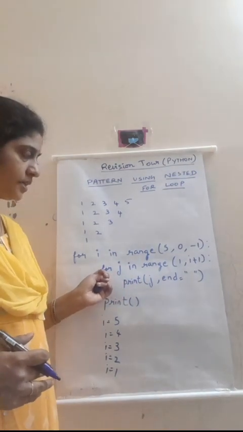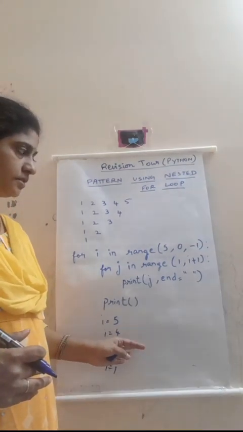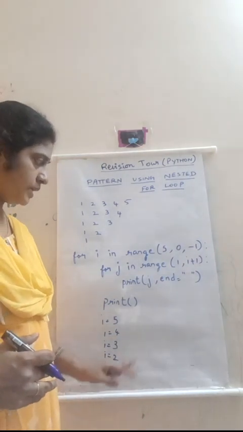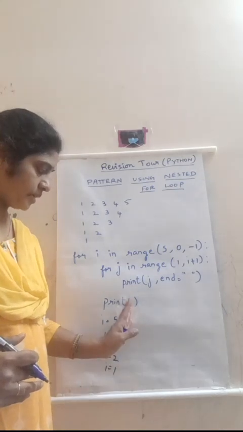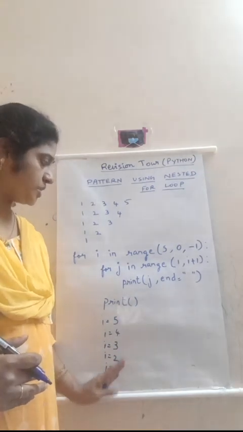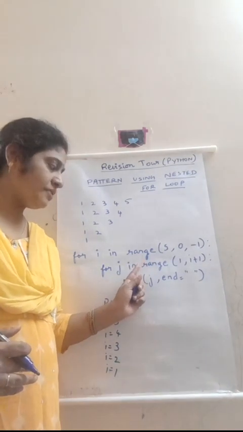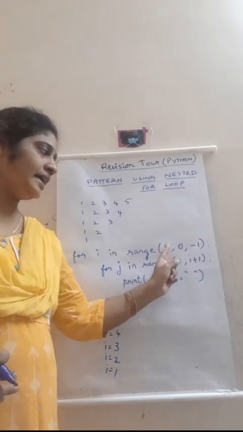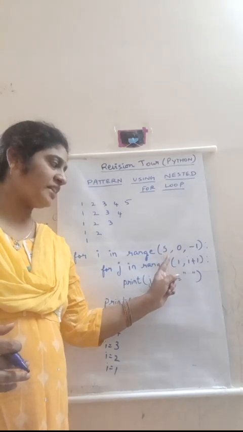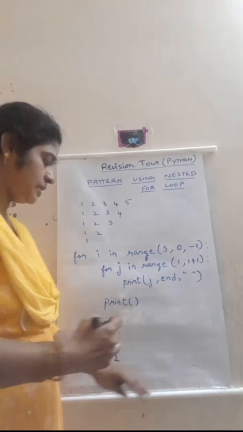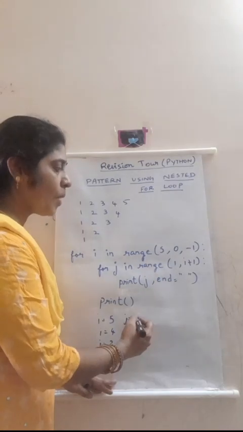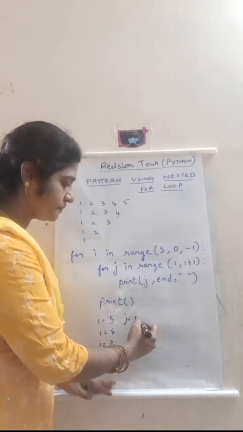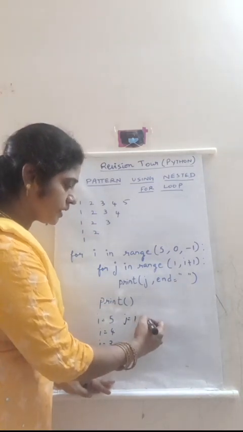So this is how the i value will change. And internally what will happen, when i value is 5, you have to run the j loop from 1 to 5.